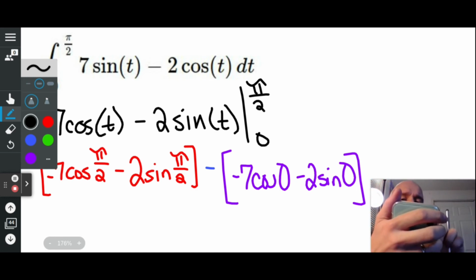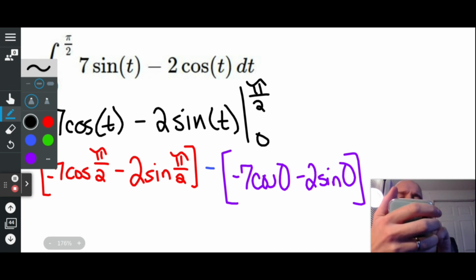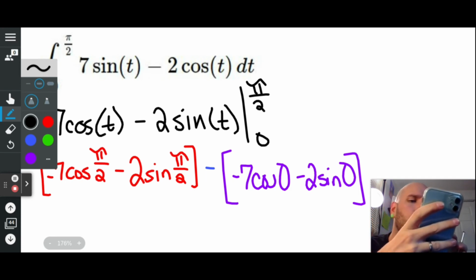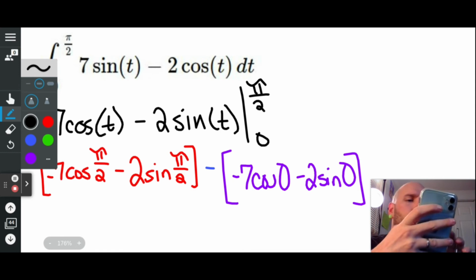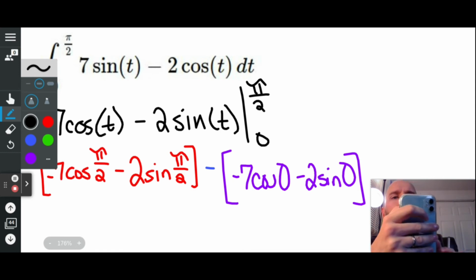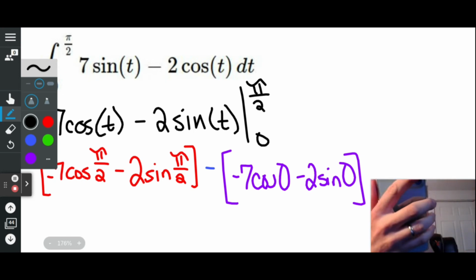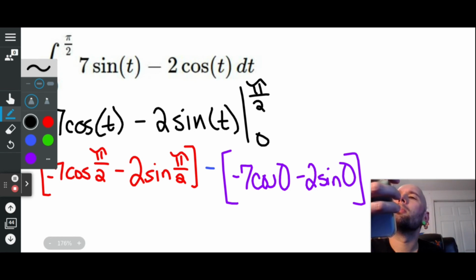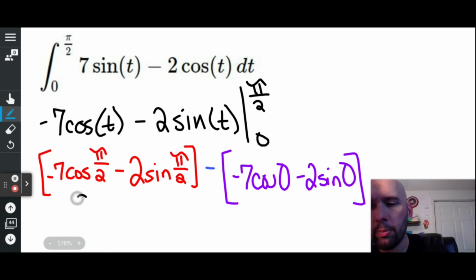Let me consult Wolfram Alpha. Cos pi over 2. I put pi over 2. Oh, that becomes 0.